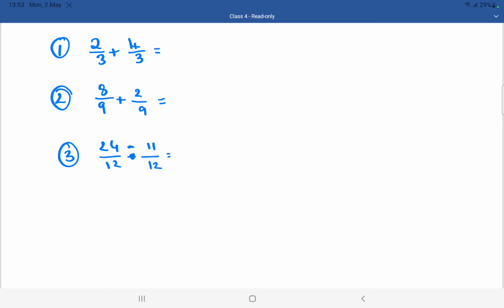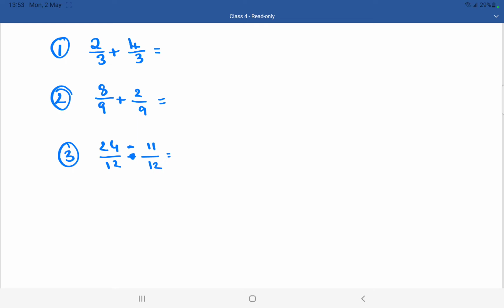What is meant by like fractions? When two or more fractions have the same denominator, they are known as like fractions. So first let us try the addition and subtraction of like fractions. Then we will go for unlike fractions.